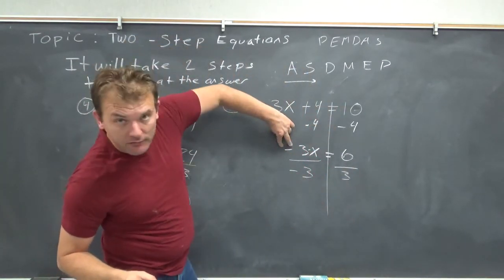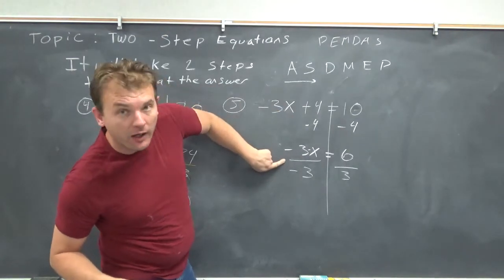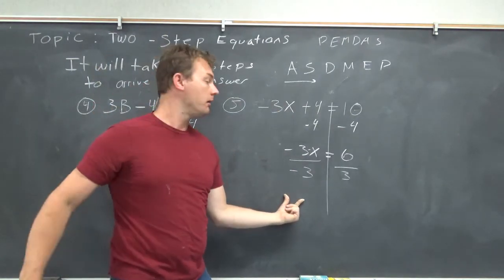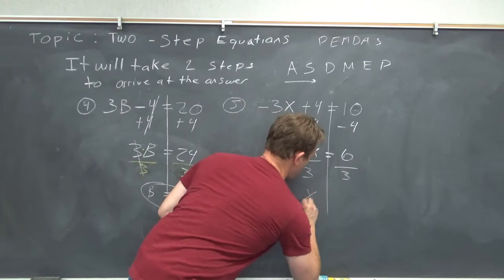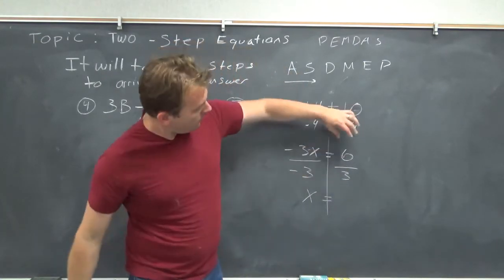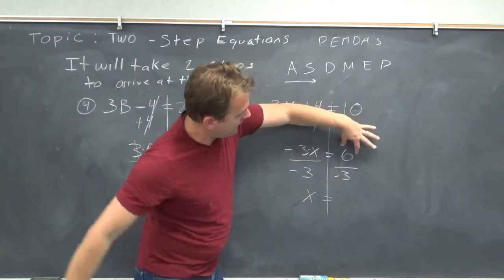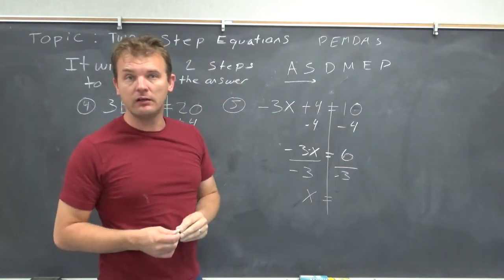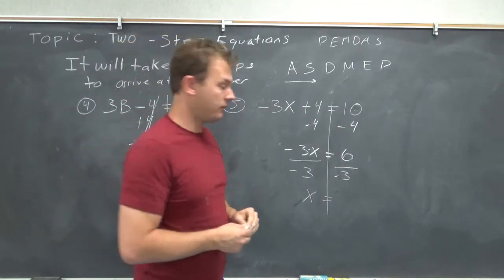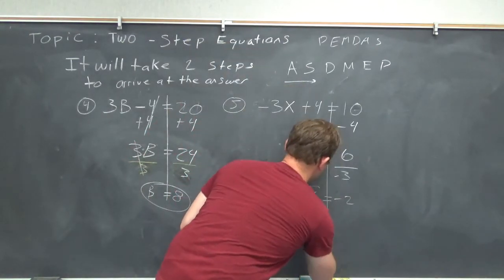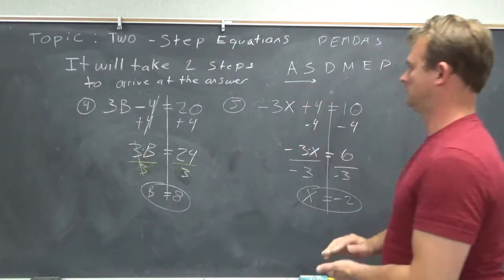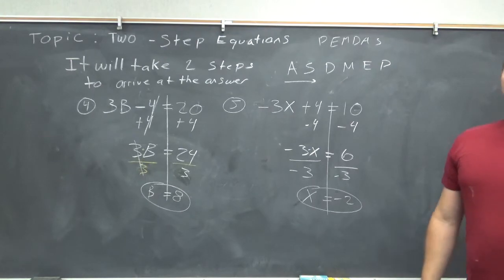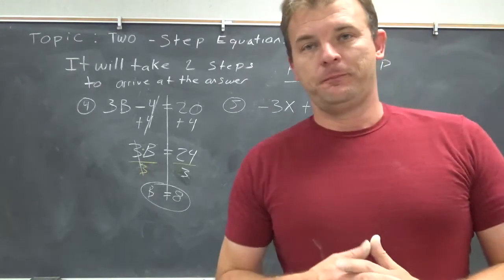What's a negative divided by a negative? Positive. What's 6 divided by negative 3? -2. There's 5 problems there.